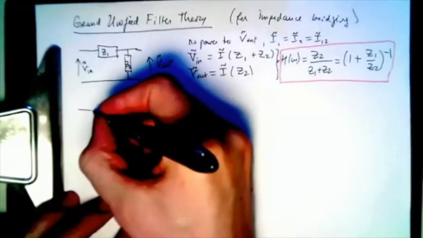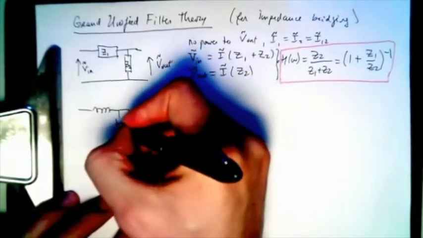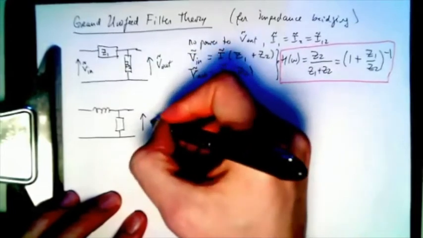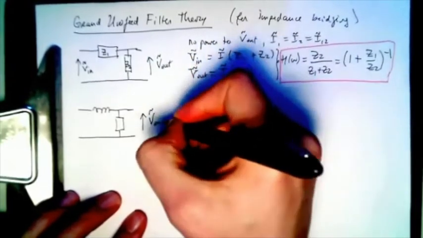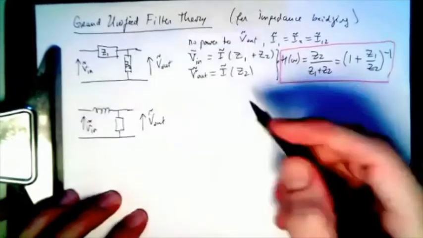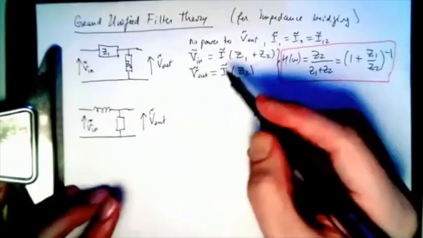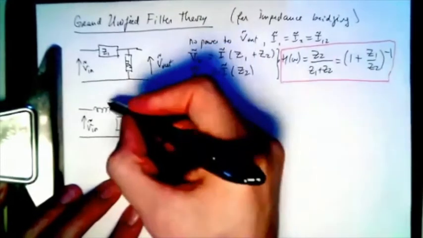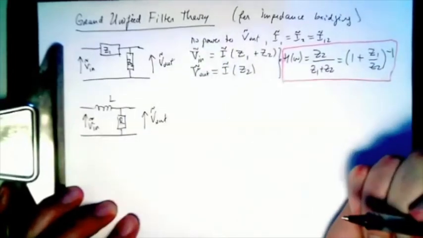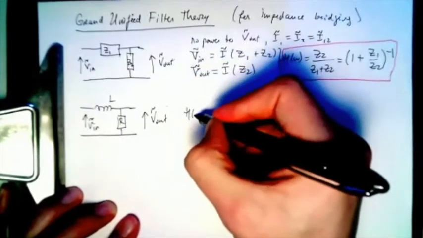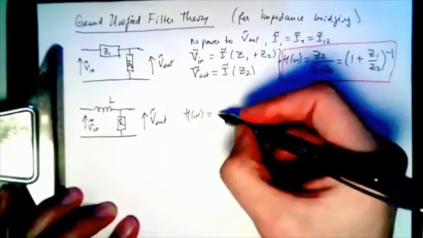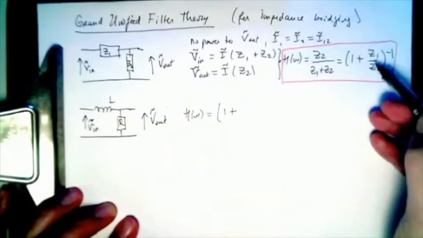So for instance, we haven't done filters with inductors yet. So this is the out. And at some point, usually we stop drawing the input and the output because it's assumed that we set up these things from left to right. So that's R. So our transfer function is, well, okay, it's 1 over 1 plus Z1 over Z2.